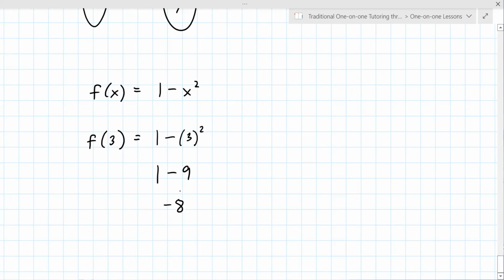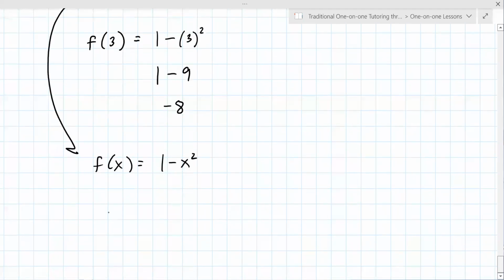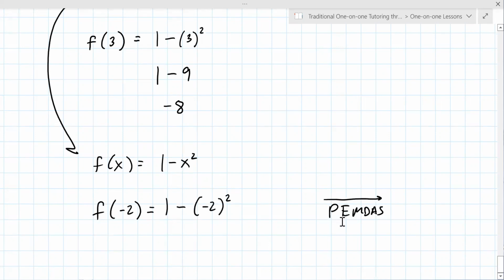I'm going to give you one that's different now, and I want to make sure that you are able to understand how to do it. Let's say, again, f of x is 1 minus x squared, but now we want f of negative 2. So again, I would tell you to put it in parentheses, and then order of operations tells you that you do exponents first.